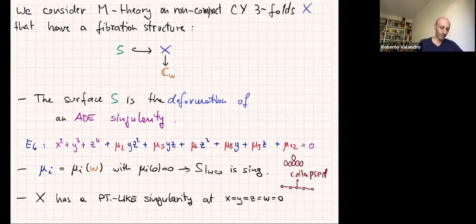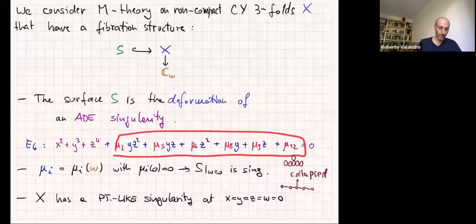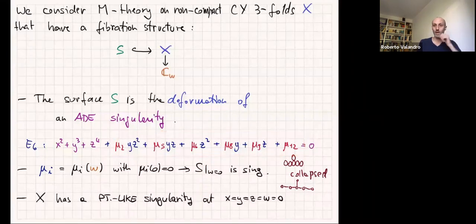Now, at a generic point of the base, S is not this singular surface, but a deformation of it. So it's a smooth surface. The deformation is just obtained by adding some monomials to the hypersurface equation, getting a smooth surface.